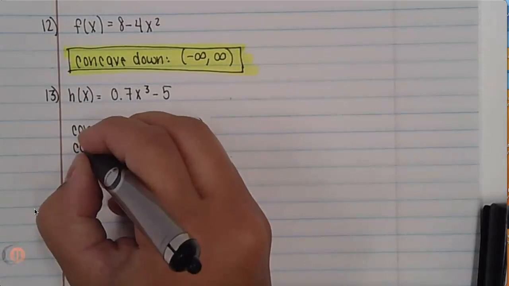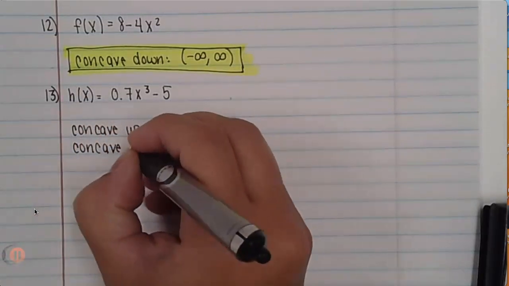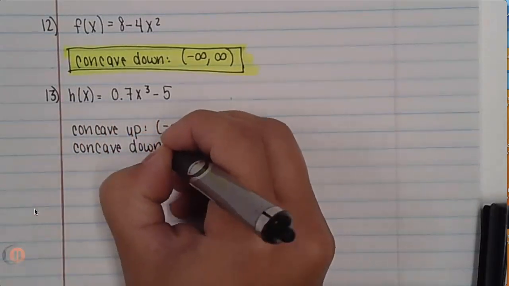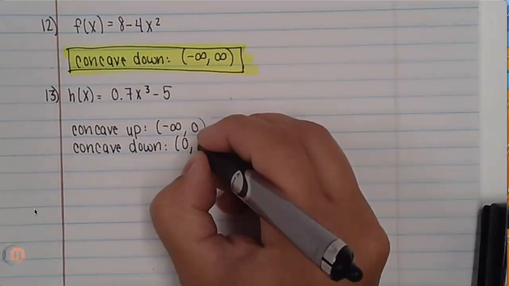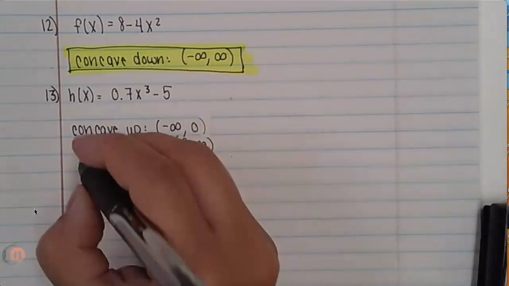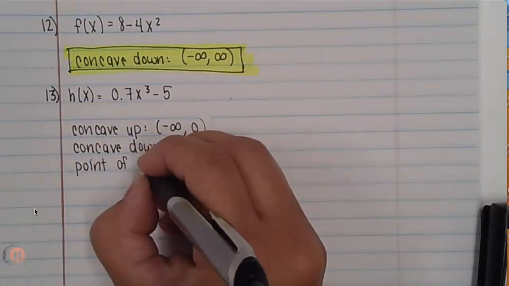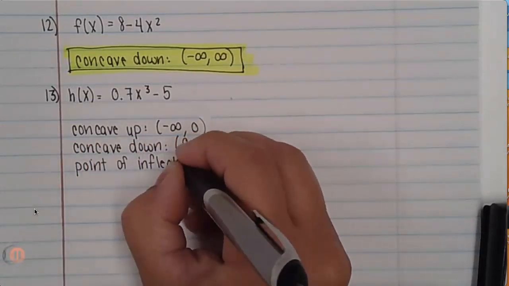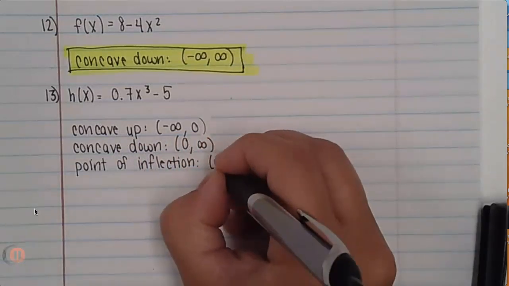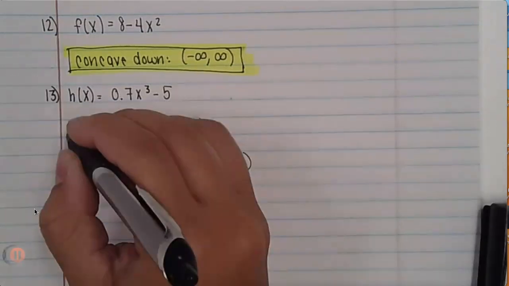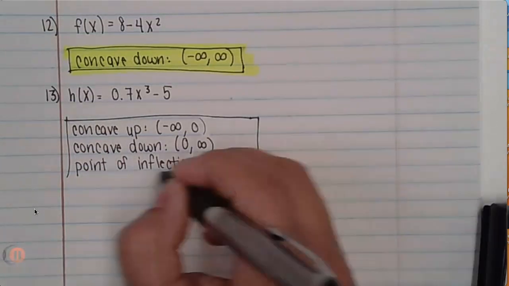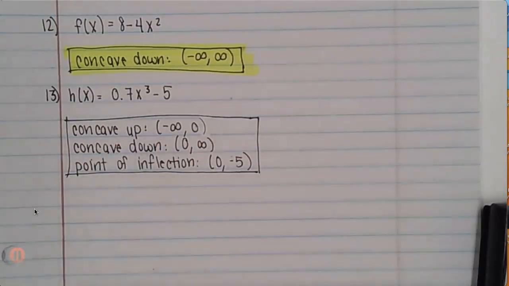It is concave down from 0 to infinity. Okay, and point of inflection, or inflection point, would be 0, negative 5. All right.